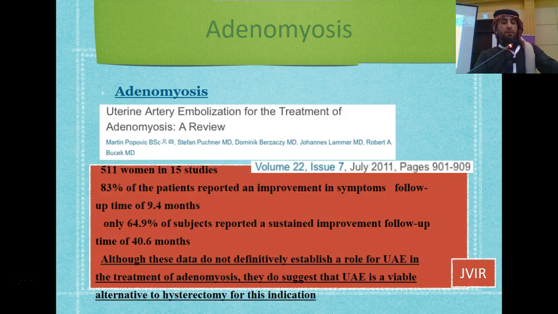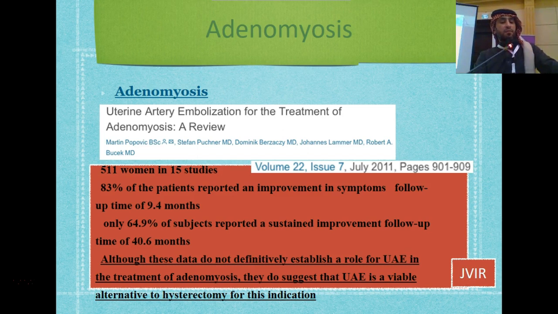There are few articles. One of them, a very respected article, is a systematic review where they collected more than 511 women. It shows that 83% of patients significantly improved in their symptoms in the short term. However, they failed to sustain improvement in symptoms in quite a number of patients.